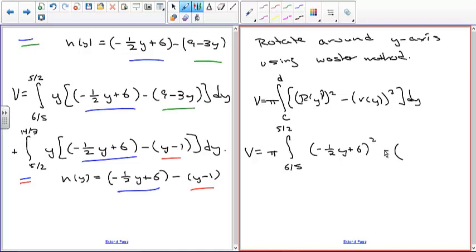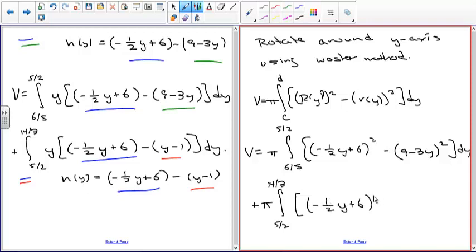And then you subtract the inside radius squared, and you multiply the whole thing times dy. So that's half the work. And then you integrate from 5/2 again to 14/3. And I'm going to take these two, which define the height in the shell method, but define the radius in the washer method.